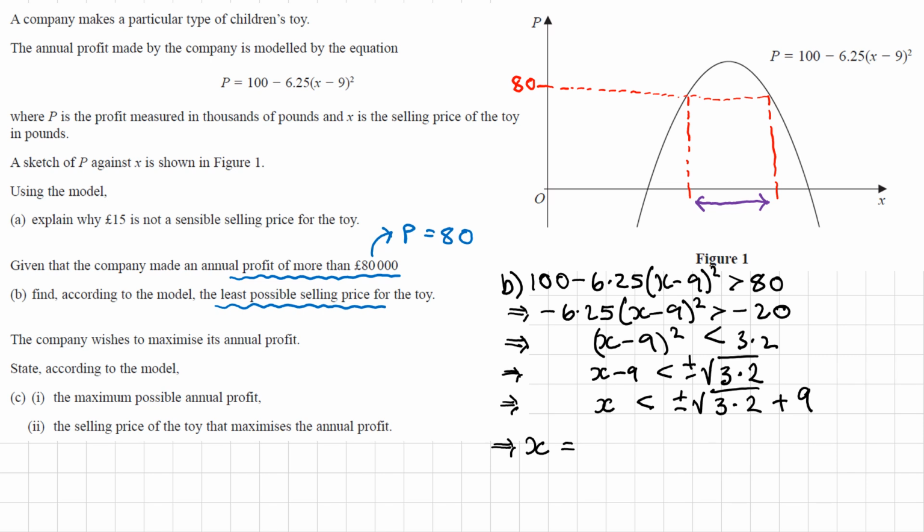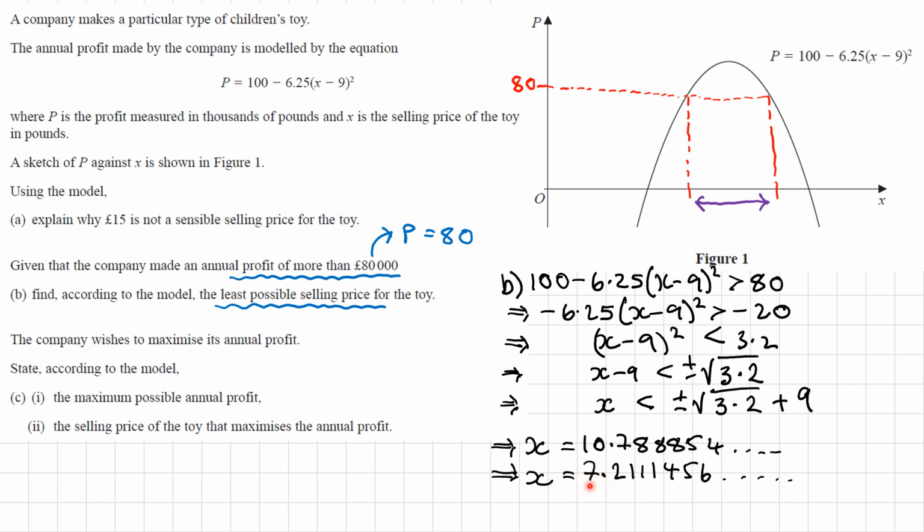With the positive square root, changed to a decimal, I'll get 10.78885, and so on. Then the negative square root: I'll stick a minus sign at the front, press the S-D button, and I get 7.21115 and so on. So these are my two critical values.